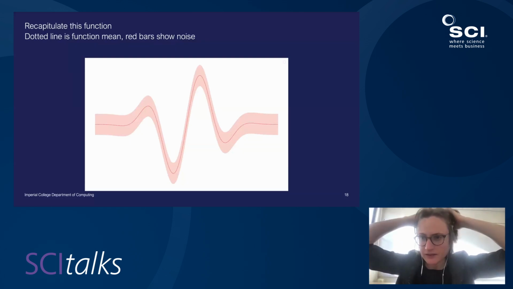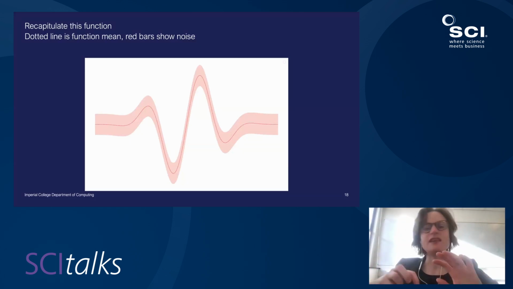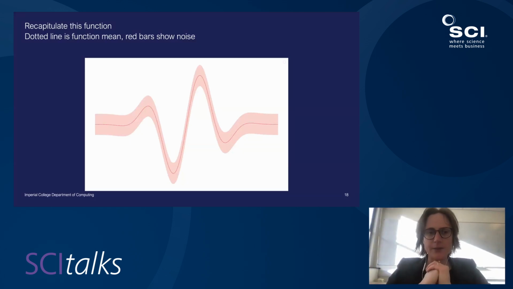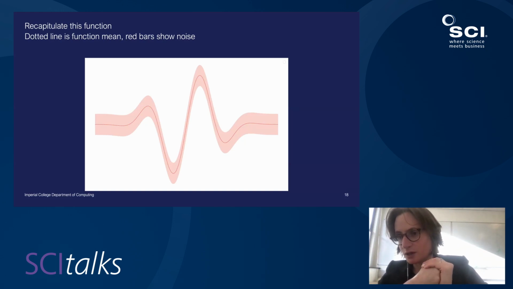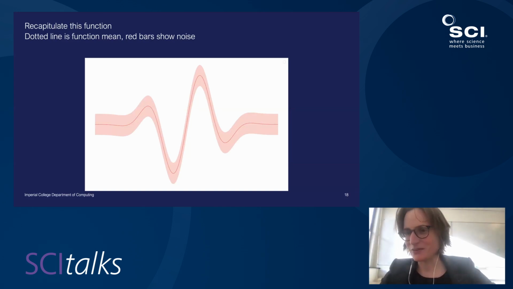Just as an example as to how some of these algorithms work, let's say that I wish to recapitulate this function. So maybe my input here, the x-axis, would be something like a temperature, and my output would be yield. I know that this is not a reasonable function for that, but basically this is just a wiggly line.